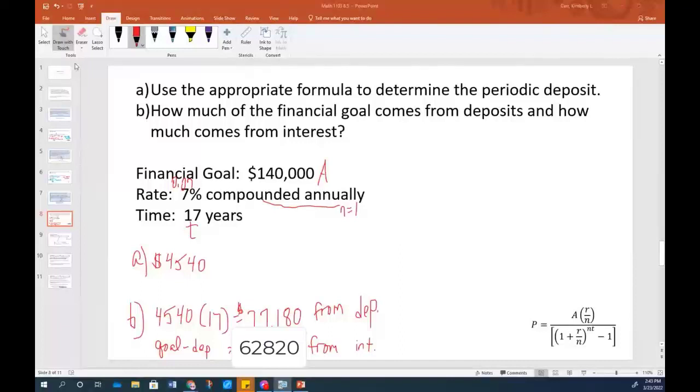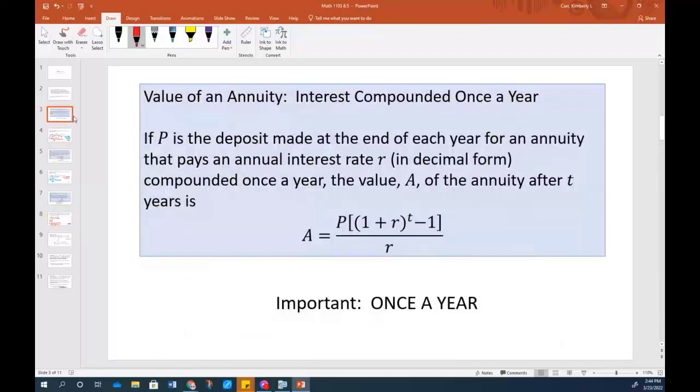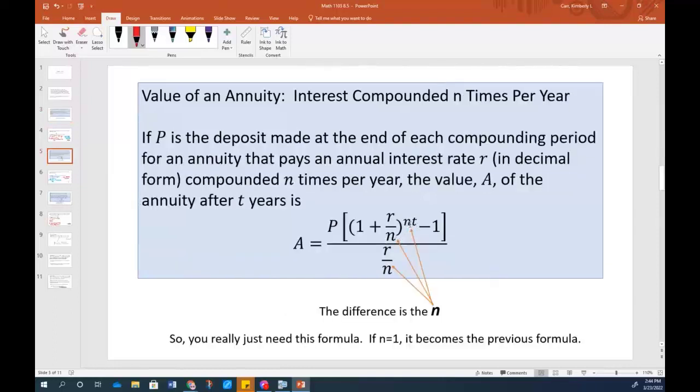All right, so what we've done so far is we've looked at annuities from 3 different things. First of all, if you need to find the value and it's only compounded once a year, you can use this formula. And we did an example with that. If it's compounded more than once a year, this is the same formula except for these 3 little N's right here.